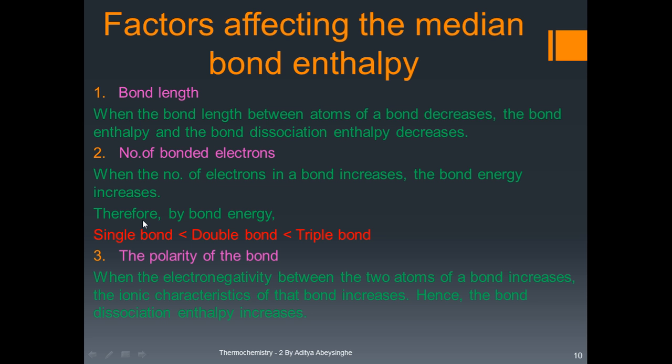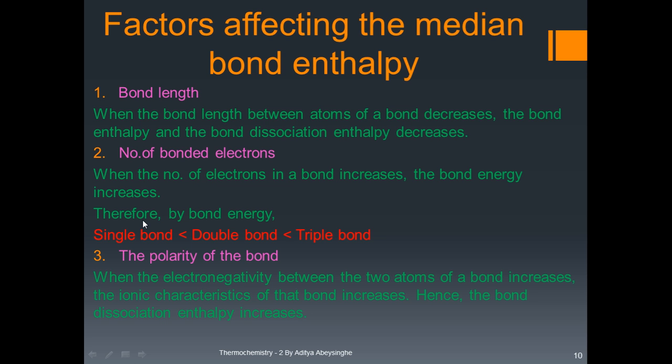In the case of the NaCl bond in comparison to the CCl bond, the electronegativity difference between Na and Cl is greater than the difference between carbon and chlorine. So carbon tetrachloride, a popular solvent, is a covalent compound, but sodium chloride is an ionic compound.